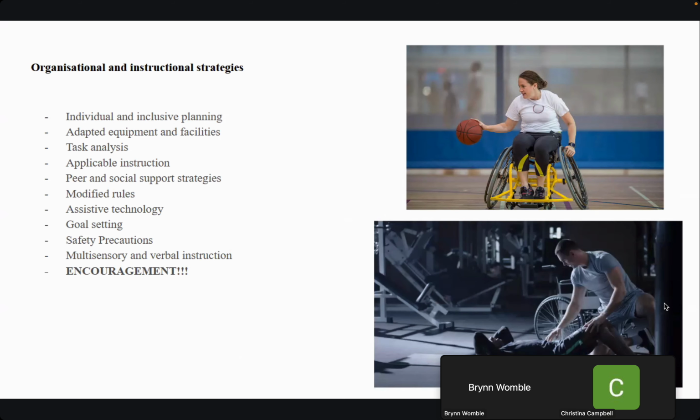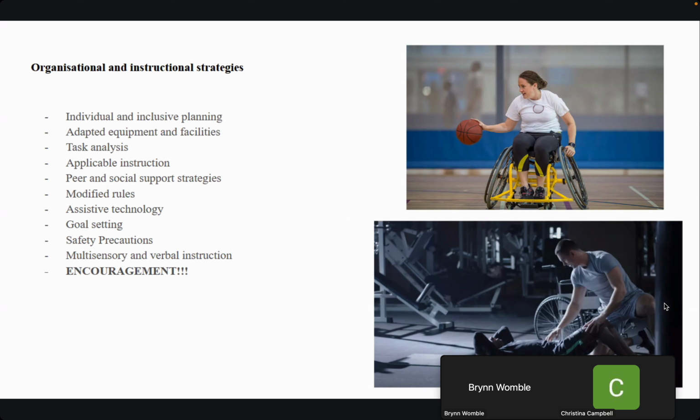Designing physical education programs for individuals with spinal cord disabilities requires thoughtful organization and instructional strategies to ensure accessibility, engagement, and success. Designing individualized education plans based on each participant's mobility level, functional ability, and personal goals ensures activities are appropriate and effective, maximizing participation and skill development while minimizing injury risk.